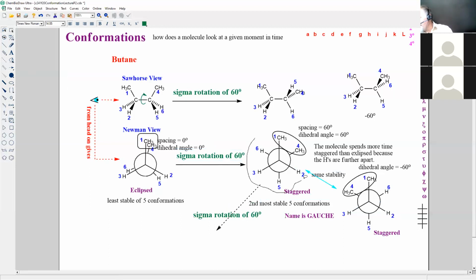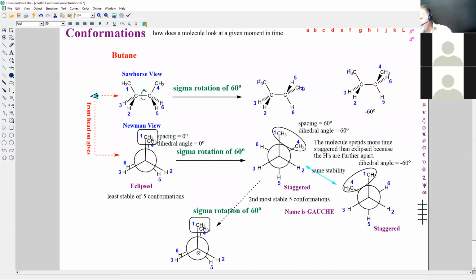I think I'm going to have a little trouble with my, it's going to be one of these, isn't it? Yeah. Oh boy, I got extra. All right, so the methyl is now going to be, we're continuing our rotation, so it's going to be right behind this thing we called 2.